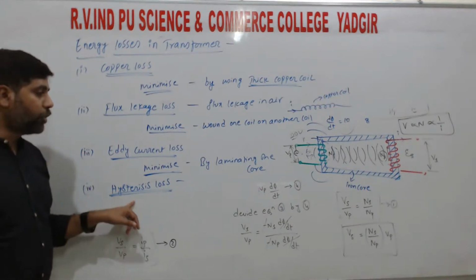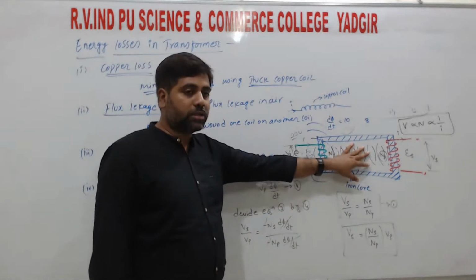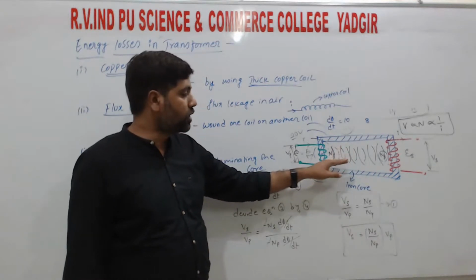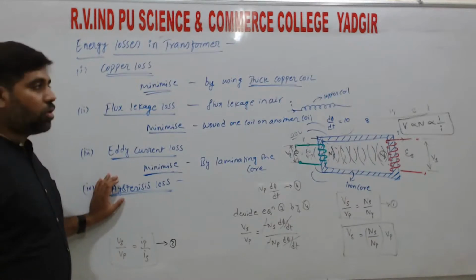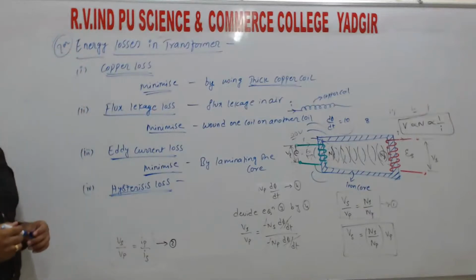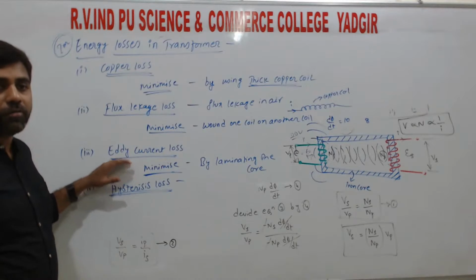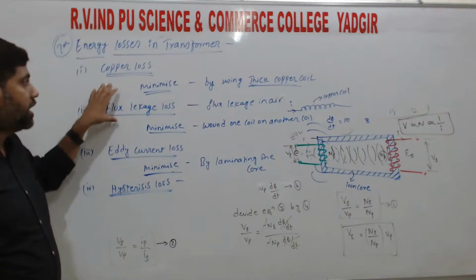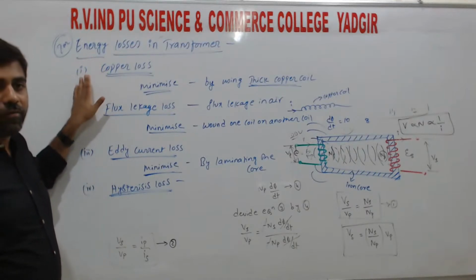Here heat is produced due to magnetizing and demagnetizing by the coils, and hence we get the hysteresis loss. These are the important energy losses in transformer. When studying mutual induction or magnetic properties, we study these individually. Here, these are the key points in the energy losses in transformer, right?